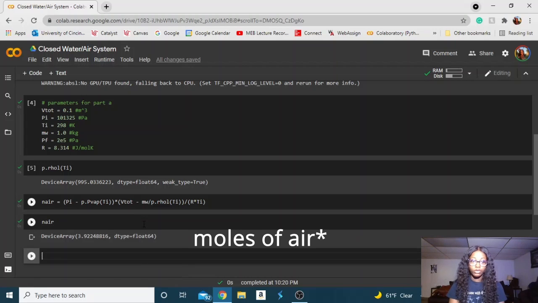And we can see how many moles are in the container, and it's giving us a value of 3.92 moles.